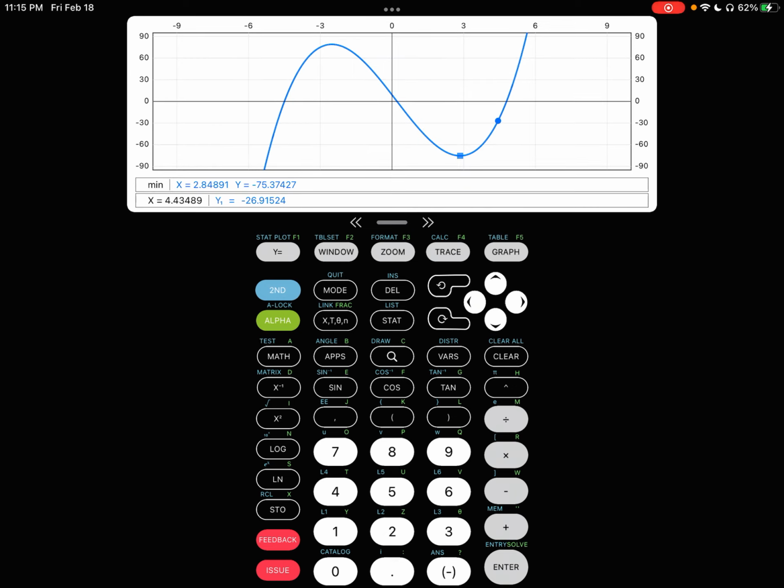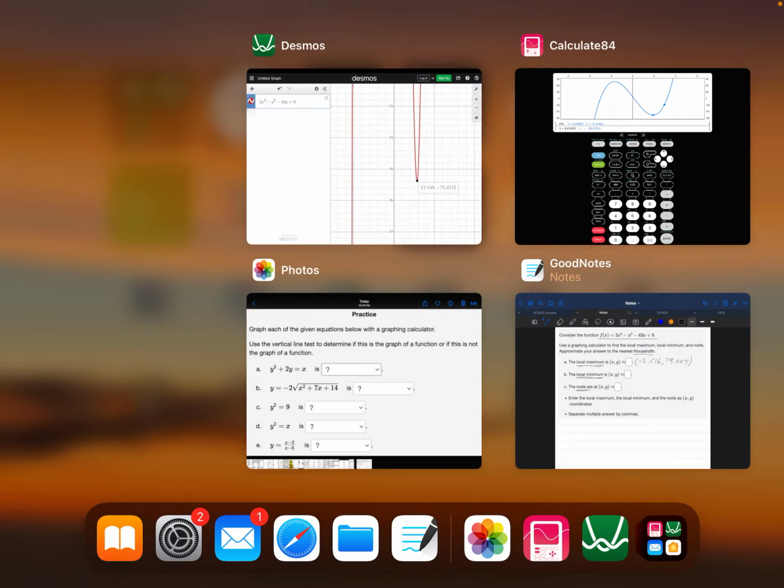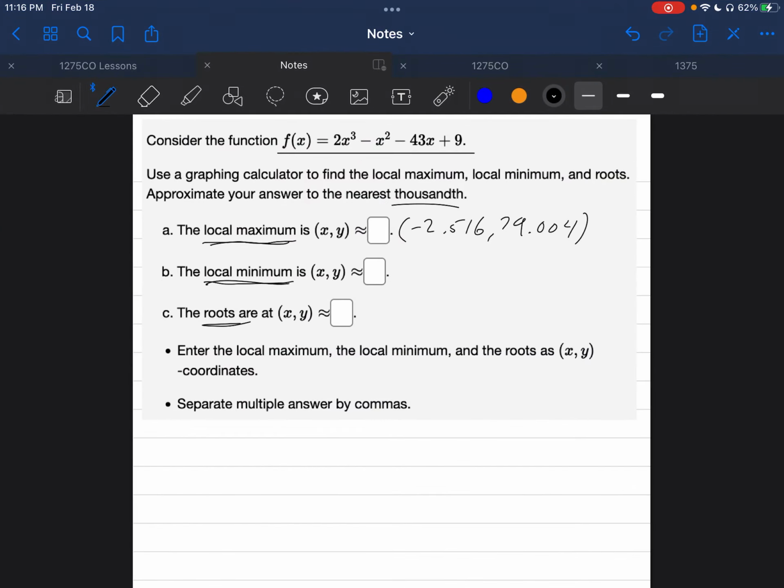And once you hit enter, again on a TI-84, it's going to ask for a guess. Hit enter again, it'll show you those 2 arrows. And we see our minimum is at an ordered pair of 2.849 and negative 75.374. So 2.849 and then negative 75.